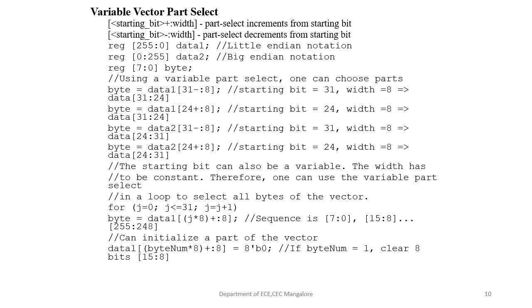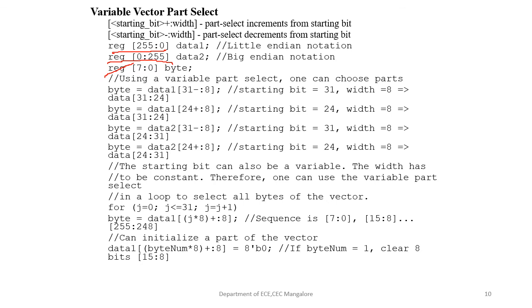The first example given: register [255:0], so a total of 256 bits in size, data 1, and register [0:255], MSB and LSB change here.